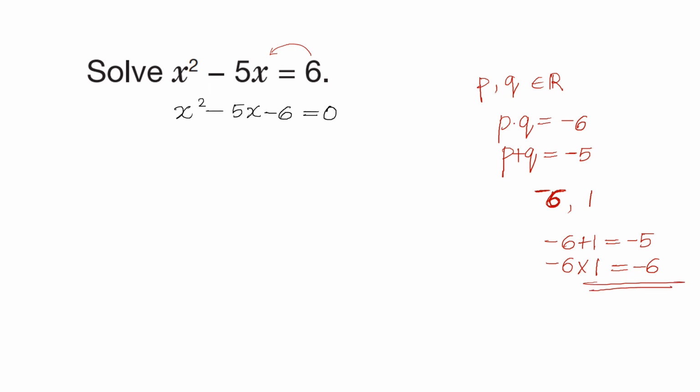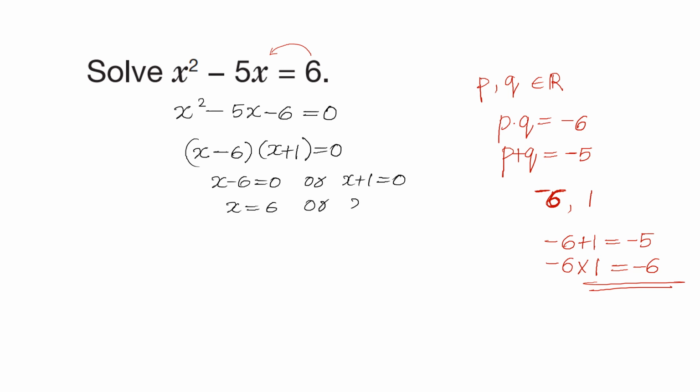So our p and q will be minus 6 and 1. So the linear factors will be x minus 6 times x plus 1 is equal to 0. So the value of x will be either x minus 6 is equal to 0 or x plus 1 is equal to 0. So it will give x is equal to 6 or x is equal to minus 1.